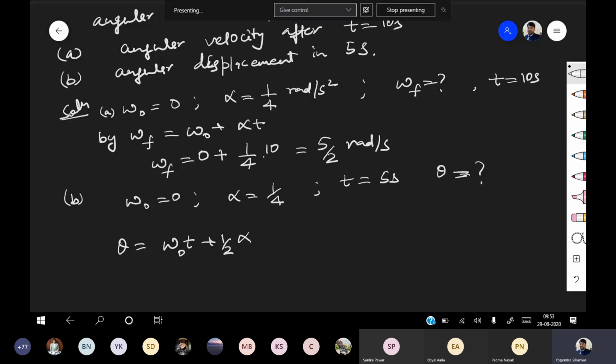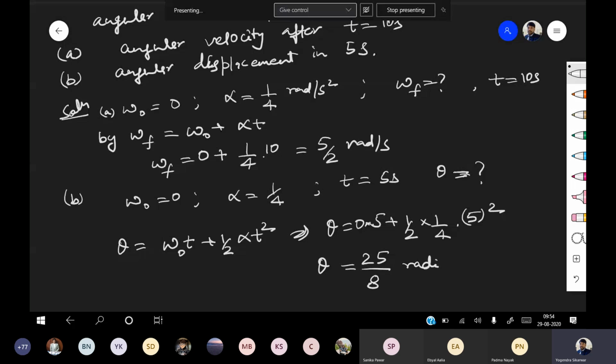Theta is equal to 0 into 5 plus half into 1 by 4 into 5 square. So theta comes out to be 25 by 8 radians. Please note everyone. If you have any doubts, do not hesitate and ask.